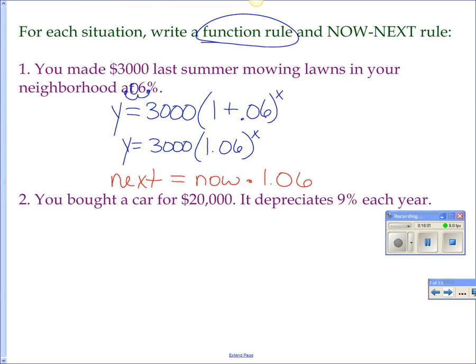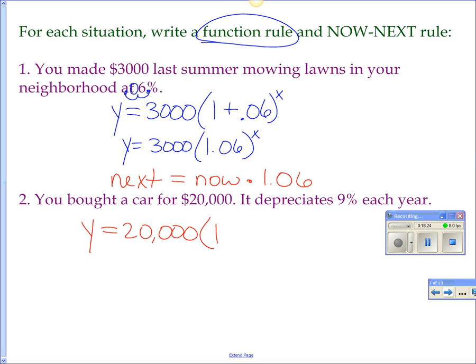Okay, number 2, we're going to put a y equals. Jack, what goes first after my y equals? 20,000. Riley M., for a percent, what do I have to write next? Very good. You have to put a 1 in there, parentheses 1.